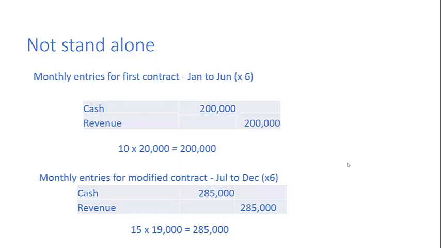And that would be at $19,000 or $285,000. This will be recognised each month as revenue for the periods July to December. So what you can see here is that we're restarting the contract on the modified basis from the date of the contract modification. Thank you.